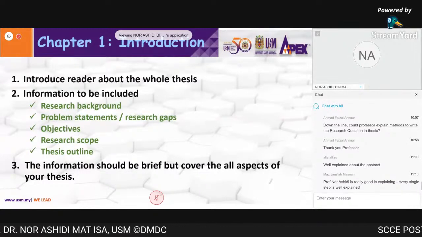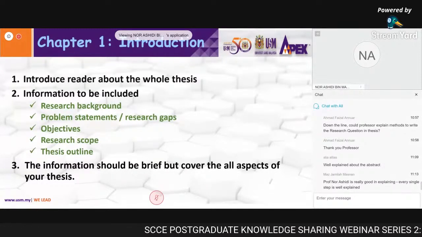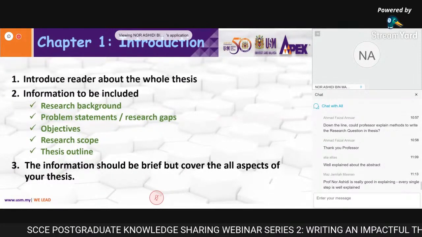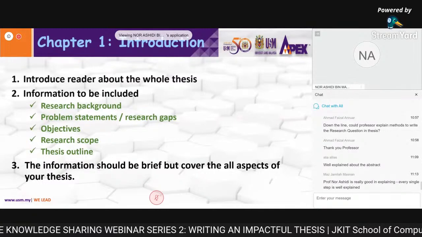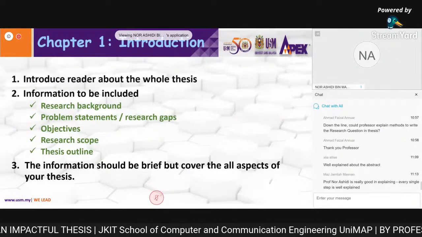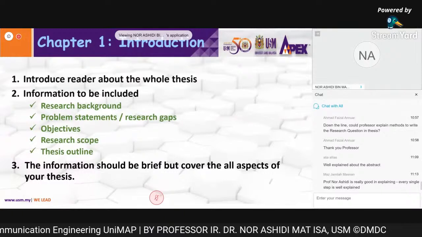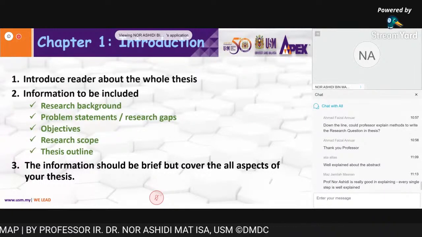That's all. No need to explain about the objective. When do you want to explain about the objective? In Chapter 3, when you talk about methodology. In the methodology you give in detail why you propose that idea, what are the stages or the processes involved, and so on.